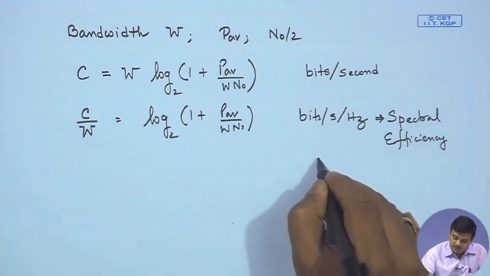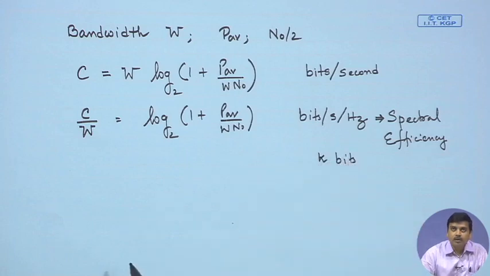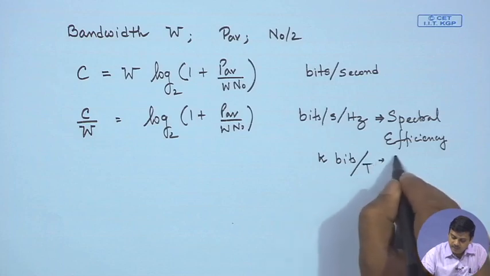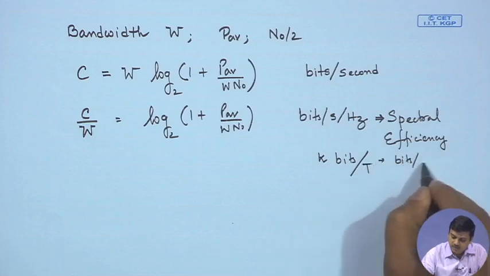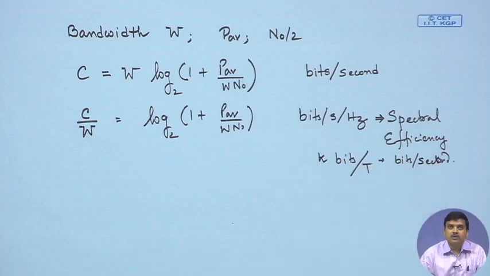We had seen k bits earlier, and when divided by T we had bits per second, and of course, divided by W, that is the bandwidth, would give bits per second per hertz.